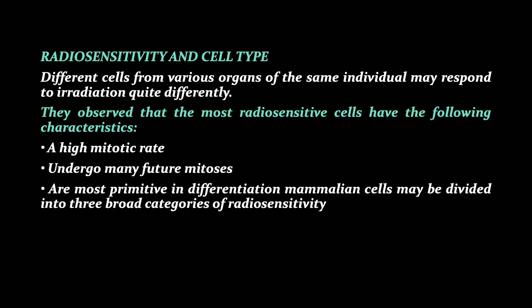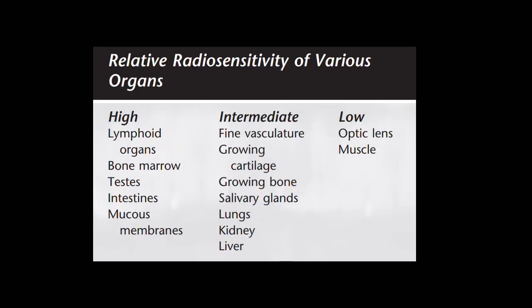Radiosensitivity and cell type: different cells have different sensitivity. They depend on a high mitotic rate. If the cell is going to be undergoing further mitosis in the future, it is going to be affected. And if the cell is very primitive in differentiation, it can also be affected by radiation more so than any other cell. So these areas in the body are more radiosensitive than the others.